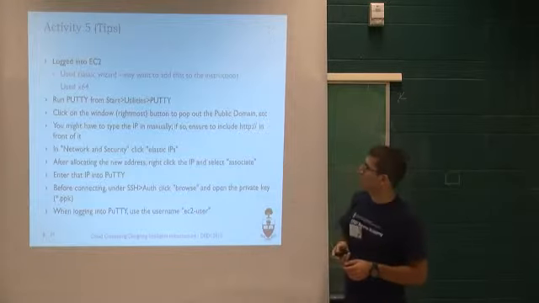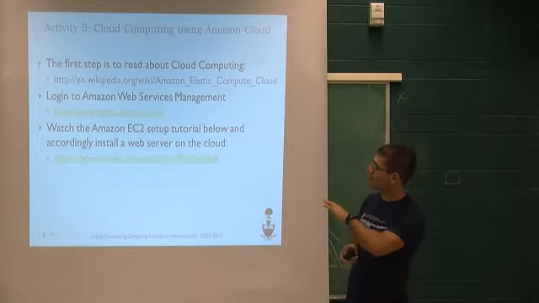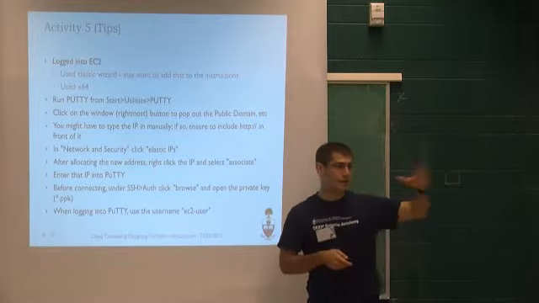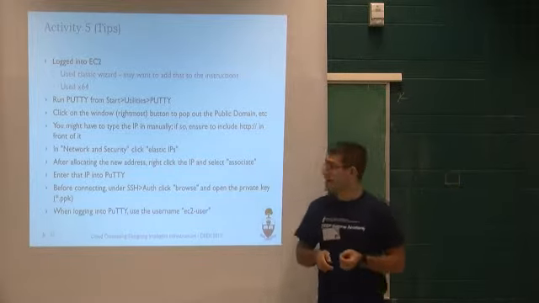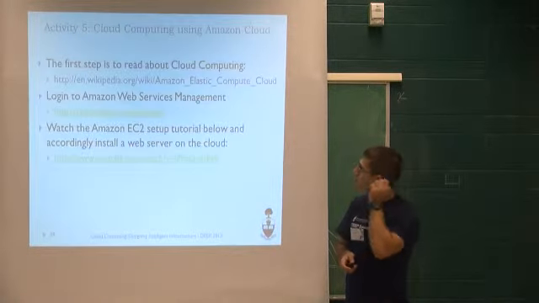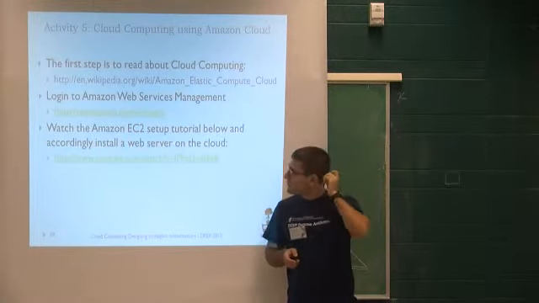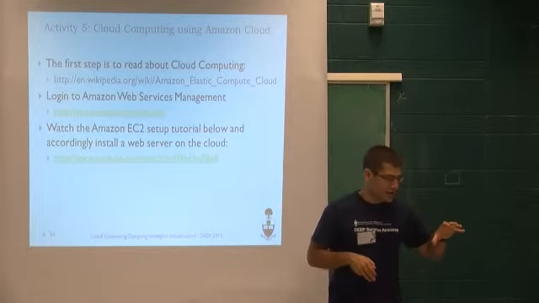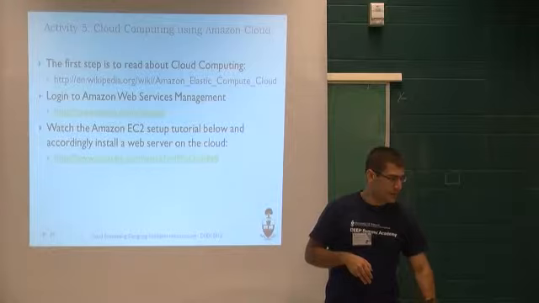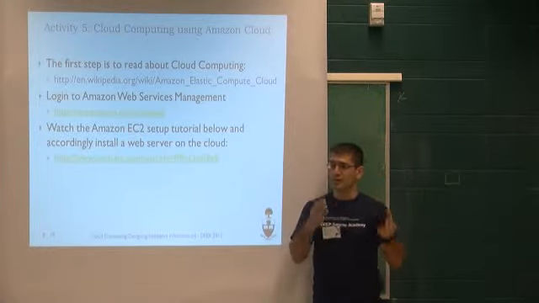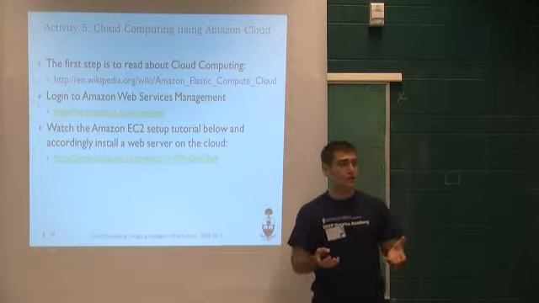Once you start with that, there are directions for what you're going to do, and we're going to help you with any issues that you have. It's just a couple of slides here. Basically, you're going to be getting resources from the Amazon cloud, putting your own web server on it, and creating your own web page.